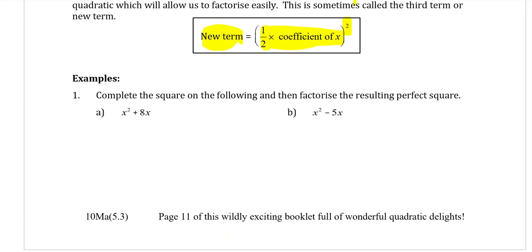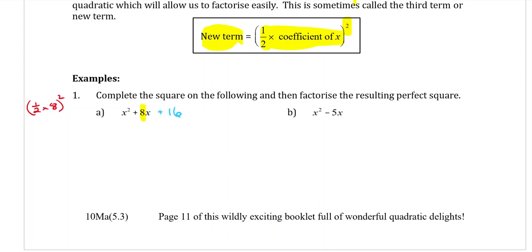So what you need to do is take the coefficient of the x, which in this case is the 8. We need to halve it. So I'm going to have half of 8, and then I need to square that. That's what that formula is saying. So half of 8 is 4, and 4 squared is 16. So the number that we are after is 16.